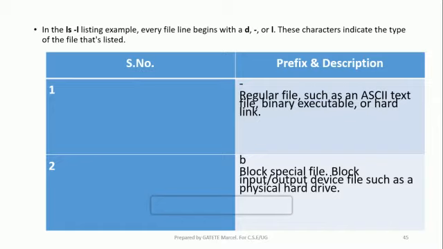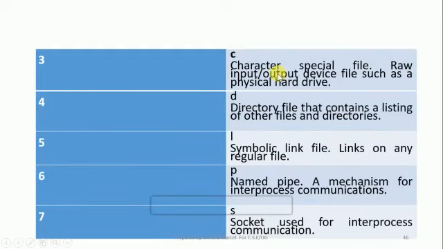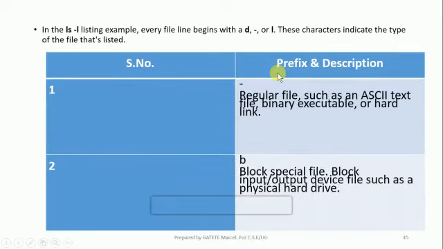So if I type this ls -l, it will give some additional information. If it begins with D, it means that the file is a directory.